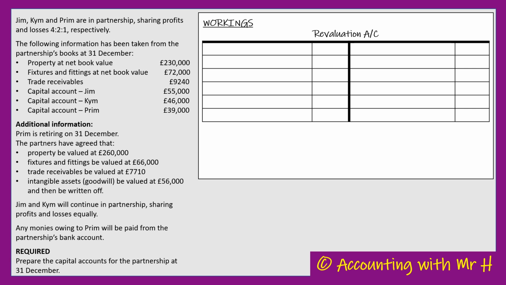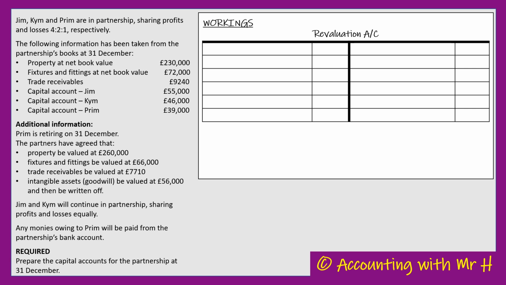So it says in the books, the property has a net book value of £230,000. In the additional information, it says the partners have agreed that the property is now to be valued at £260,000. So they've had a look, they've reflected on it, and they've decided the figure currently in their books is a little bit low.